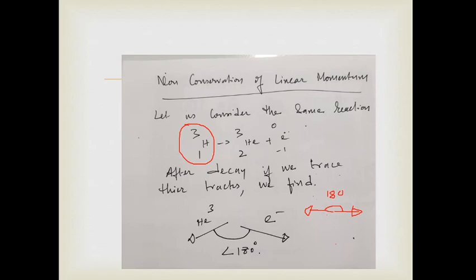So if this moves in the x-axis, this moves in the minus x-axis, or if this moves in the y-axis, this moves in the minus y-axis, or the z-axis or minus z-axis. In either of these cases, the linear momentum is 0. But what was observed is there was a little angle here between the two, and the angle was less than 180 degrees. So the linear momentum also stood violated.